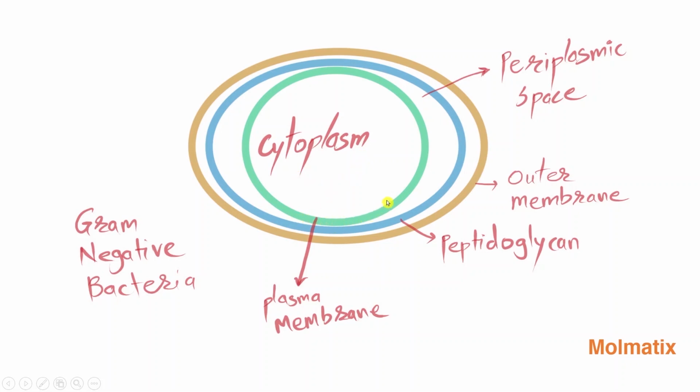This is the plasma membrane, and this is the periplasmic space. This periplasmic space contains various enzymes, and these enzymes are responsible for the sustainability of the bacterial cell against harsh environments.